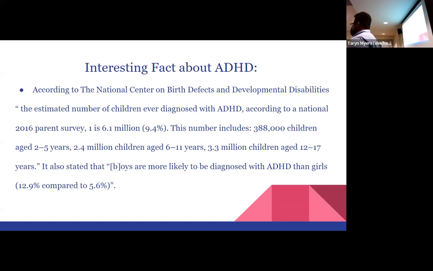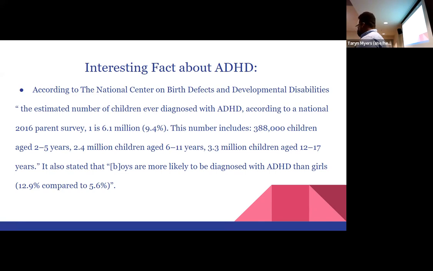And then an interesting fact about ADHD. According to the National Center on Birth Defects and Developmental Disabilities, the estimated number of children diagnosed with ADHD, according to the National Survey of Children's Health, is 6.1 million, so 9.4%. This includes 380,000 children aged 2 to 5, 2.4 million children ages 6 to 11, and 3.3 million children aged 12 to 17.